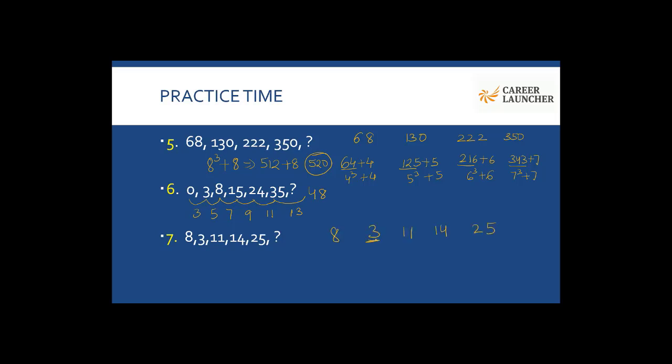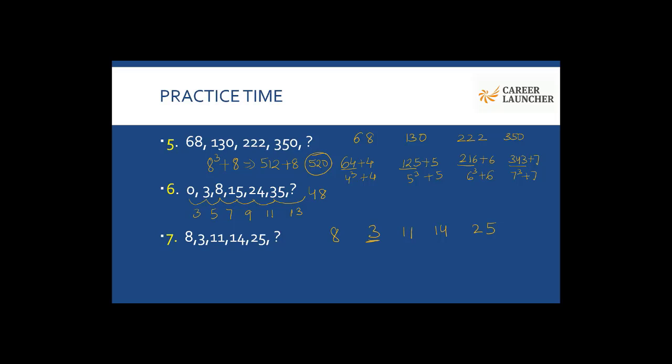So the next series, 8, 3, 11, 14, 25. We can't say there is a constant increase, because after 8 we are seeing 3, and that means there's a decrease here, and then we can see an increase pattern.